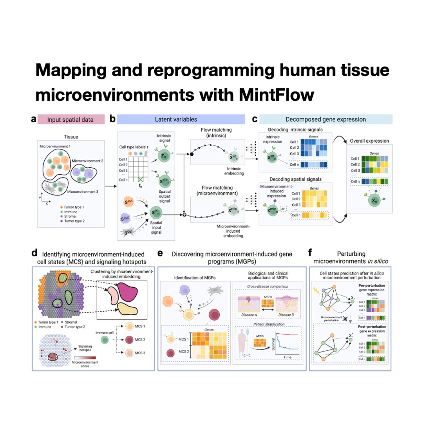Okay, let's unpack this core mechanism, because this sounds like where the real AI magic is happening. You mentioned it's built on something called flow matching. What does that mean for us conceptually? Not the deep math, but the idea. Right. So think about flow matching like calculating the precise path, or the flow, between two states. We have the cell's baseline, intrinsic state, and we have the final state, which is the gene expression we actually measure.